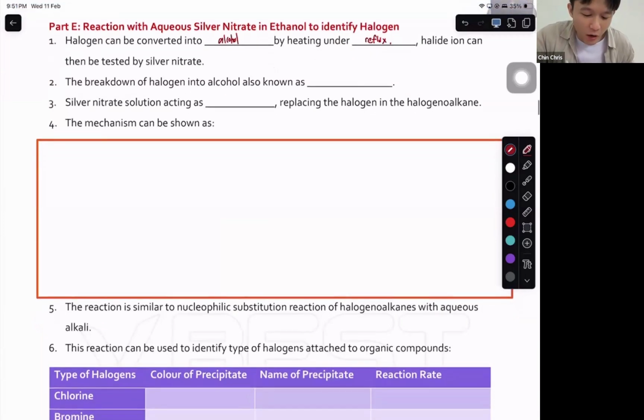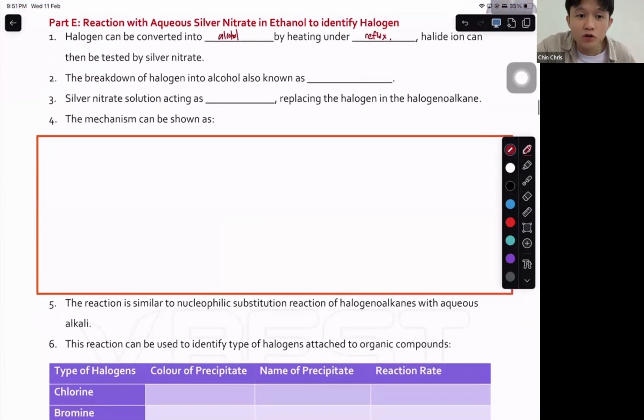The breakdown of halogenoalkane into alcohol, we also call this reaction a hydrolysis reaction. So this silver nitrate is acting as a nucleophile.